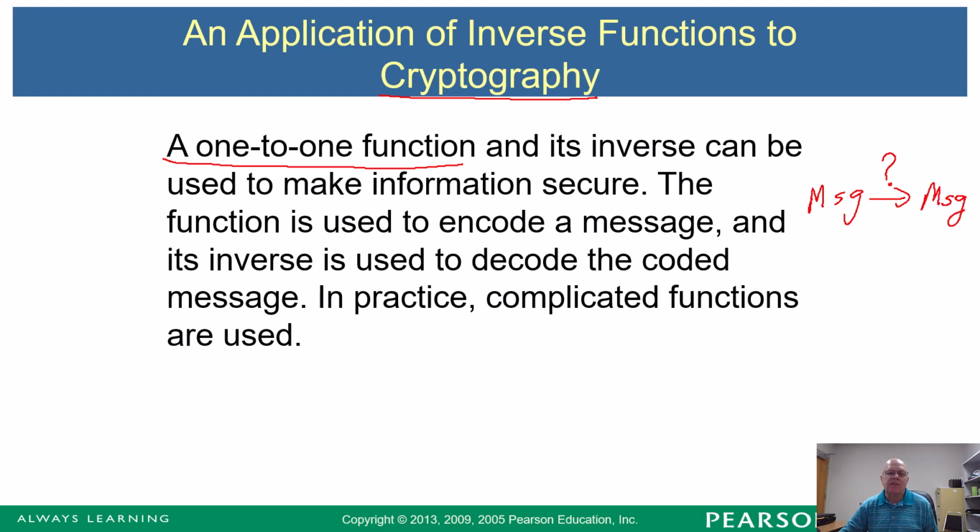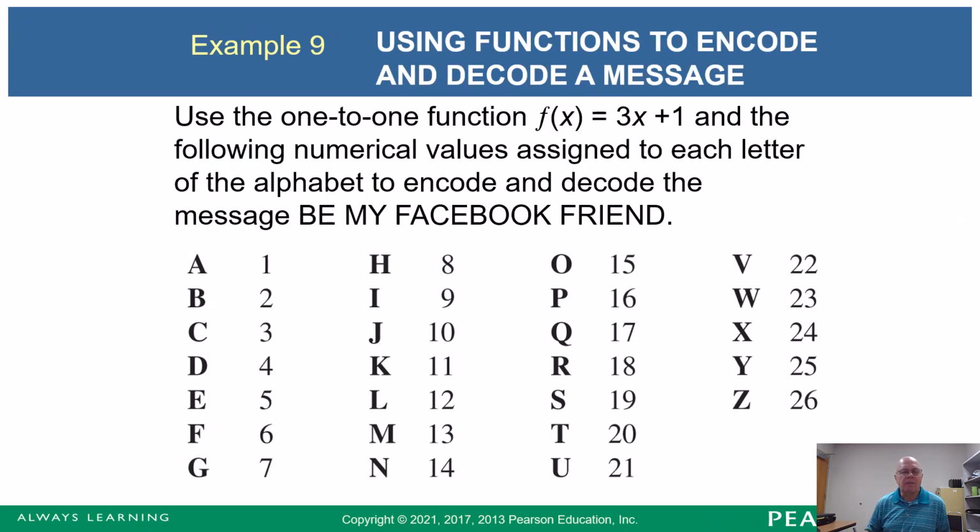So this is you, and this is your friend, and your secret message you send across. Someone looking at it as it's going across can't tell what the message is, but your friend has a decoder, and they can figure out what the message is from what is going across, maybe wires, for example, or wirelessly.